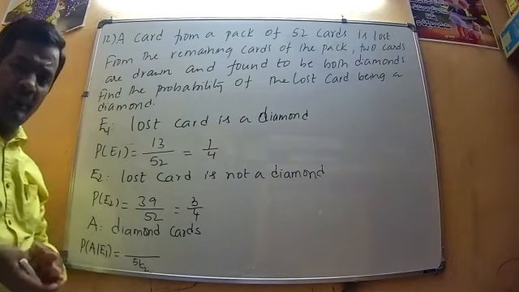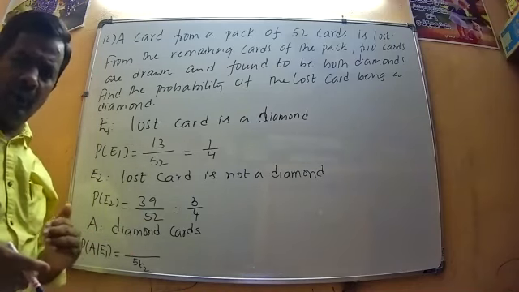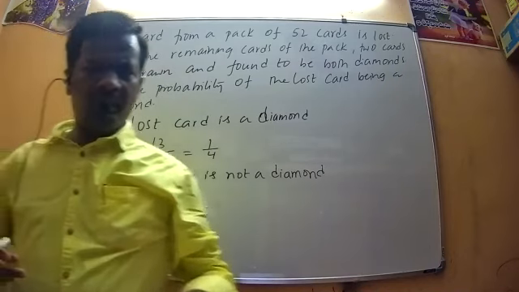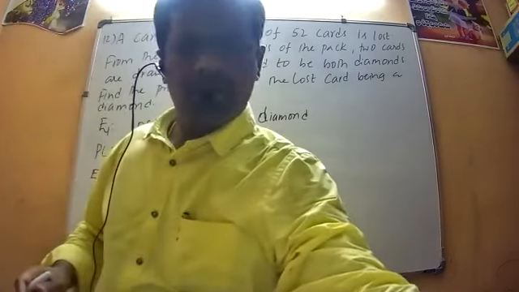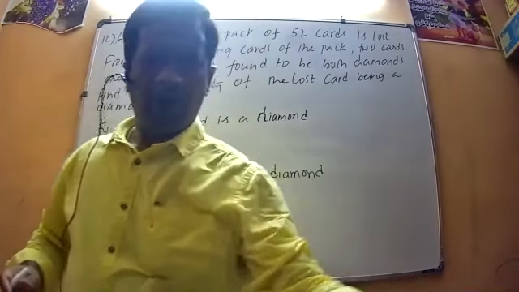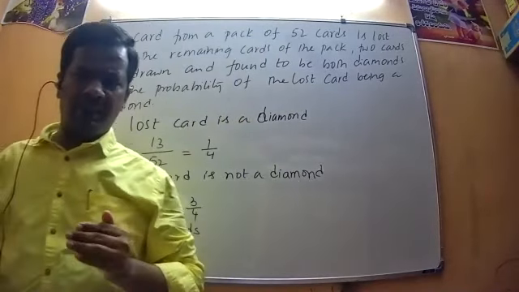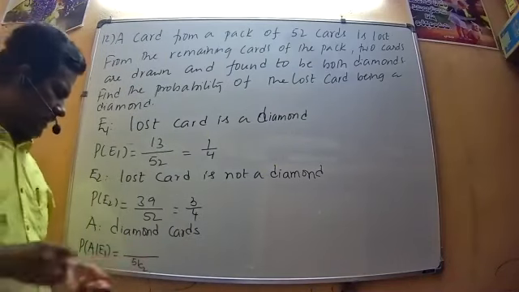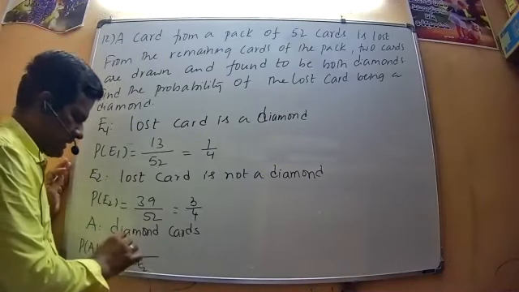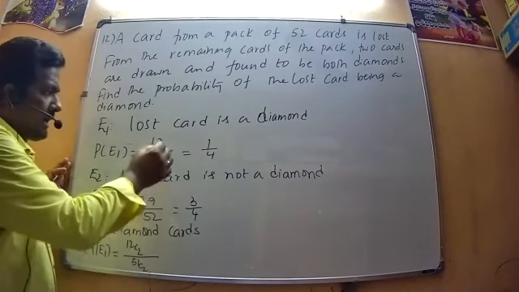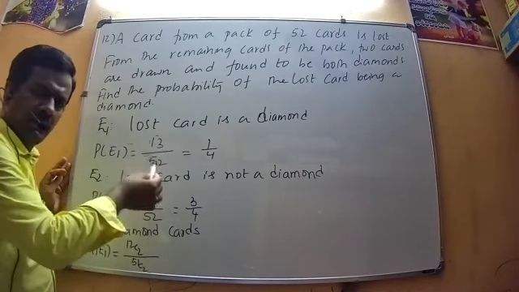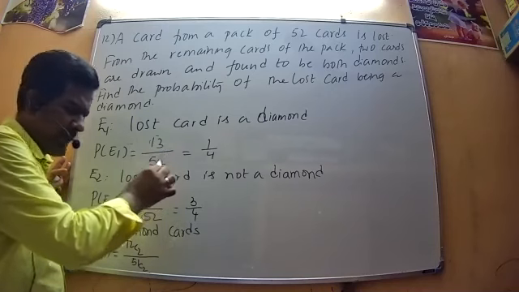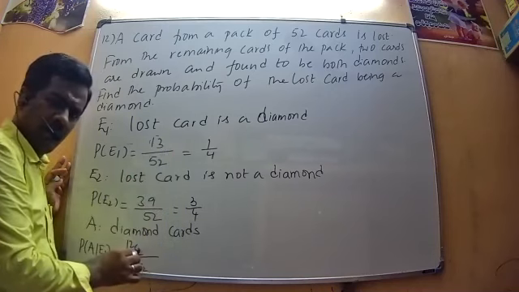I want only diamond cards here. Here I am going to draw two diamond cards. So it will be 12C2, as among 13, one card is lost. 12 will be left. Among the 12, I need to draw two diamond cards.